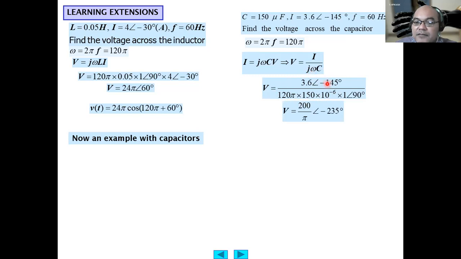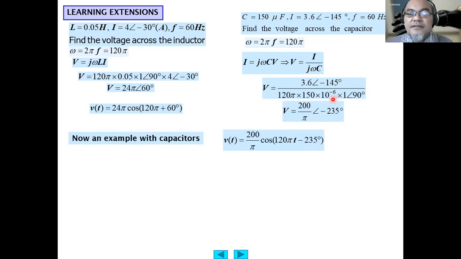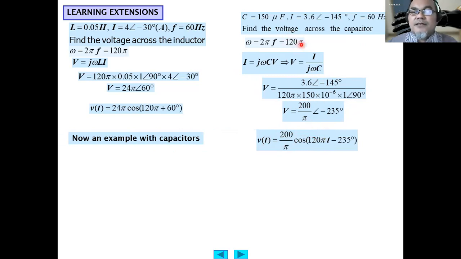The phase angle will be minus 145 degrees minus 90 degrees, or minus 235 degrees. Okay, so I hope it's clear. If we want to express this as a cosine function, this becomes 1 over 5 cosine(120 pi t minus 235 degrees), with 120 pi being omega.